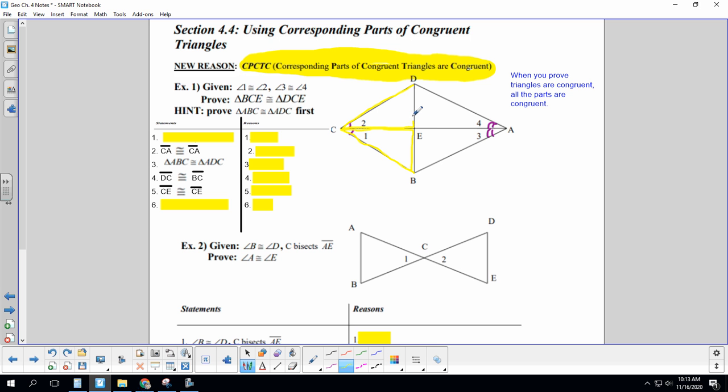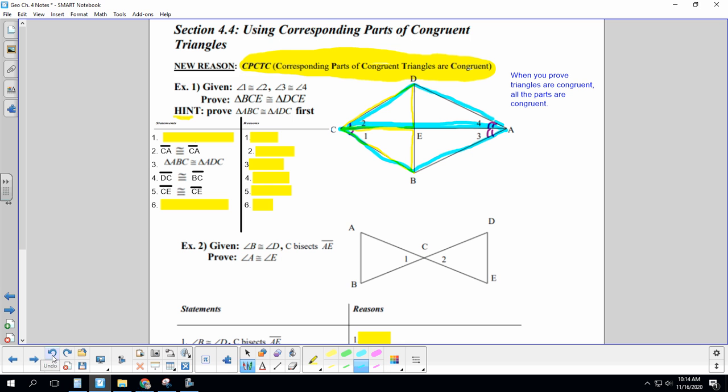So these two little triangles here. Our hint here, and this is a giant hint, is that we have to first prove the bigger triangles are congruent. So that is ABC, this big guy here, is congruent to ADC. So we have to prove that the big triangles are congruent, so we can get down to the little guys.